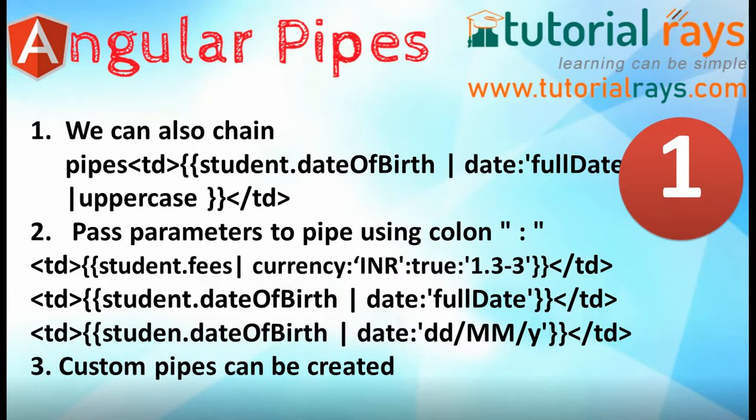The next one is student date of birth, date, and we can also format in which format it will display. For example, it is displaying the dd/MM/y format. Apart from that, we can also create custom pipes, which we will see later in this video.